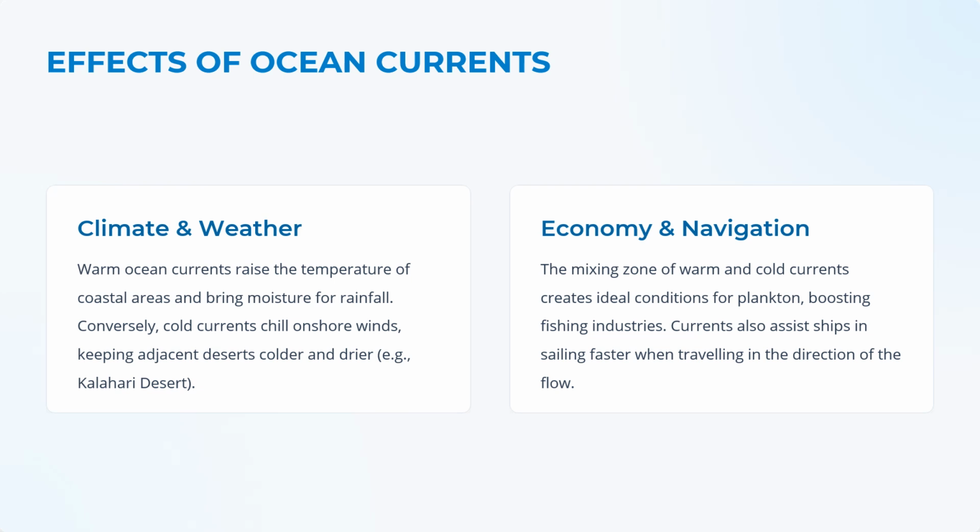Climate and weather: warm ocean currents raise the temperature of coastal areas and bring moisture for rainfall. Conversely, cold currents chill the onshore winds, keeping adjacent deserts colder and drier. And economy and navigation: it has a huge impact on weather and climate, controlling weather, climate, and economy. The mixing zone of warm and cold currents creates ideal conditions for plankton.